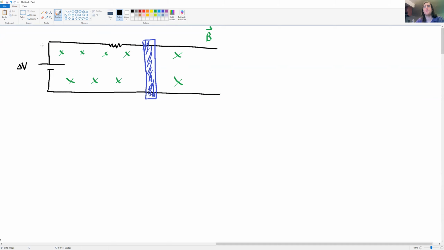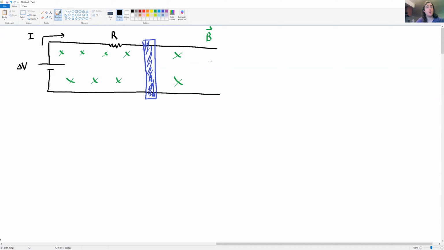Current is going to be flowing in this circuit, driven by this voltage source, by this power supply or this battery that we have in the circuit. Assume that this bar has negligible resistance, okay? What we want to do is calculate the velocity of this projectile.